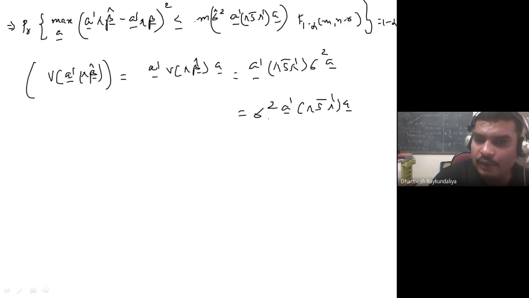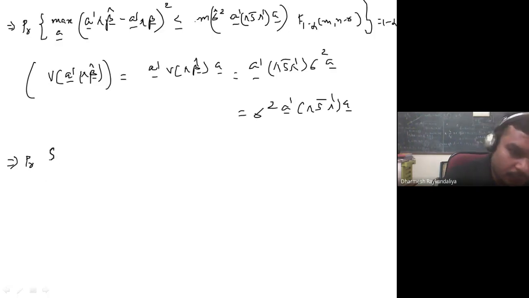If I am writing the estimate, this is the variance of a dash lambda beta, so I can write it as an estimate of variance of a dash lambda dash beta cap as sigma cap square. Yes, we can write, which implies the maximum value is the smallest. The maximum is lower than this, that means all the values are lower than this.